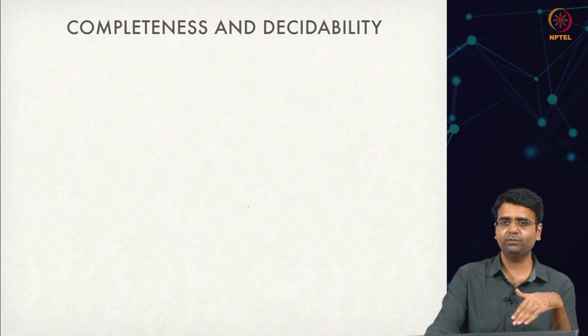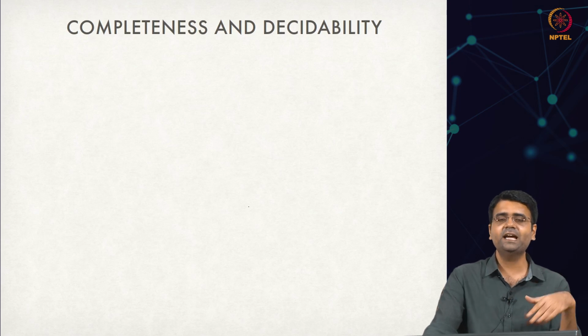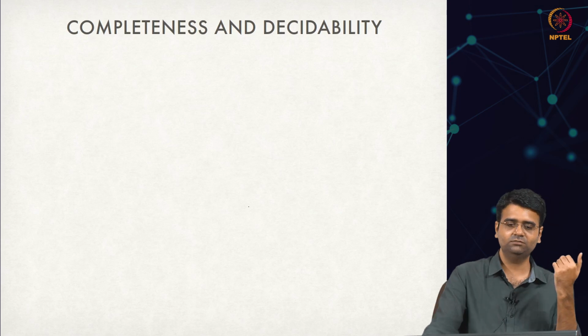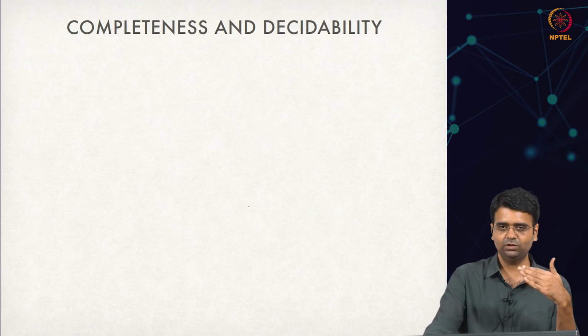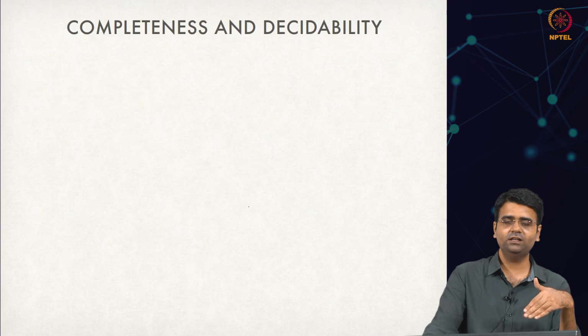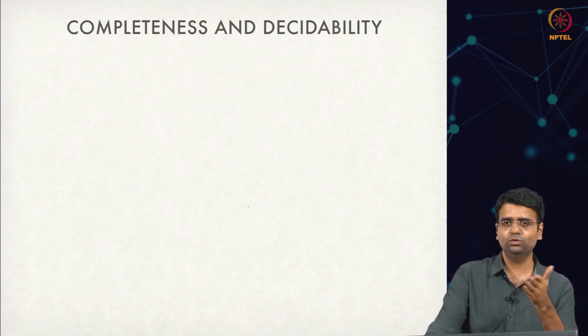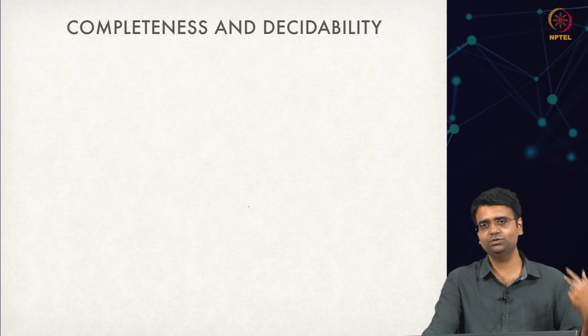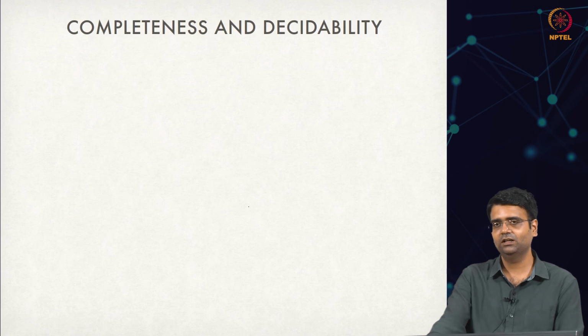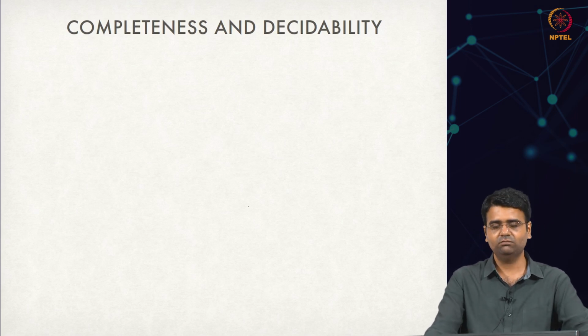As it so happens, the satisfiability or the validity problem modulo a theory depends on the axioms of the theory, which means that there are theories for which this problem is decidable, and this is good news for us because we want a decision procedure, so that we can reduce the verification problem to the satisfiability or the validity modulo the theory problem, and then we can use these decision procedures for verification.